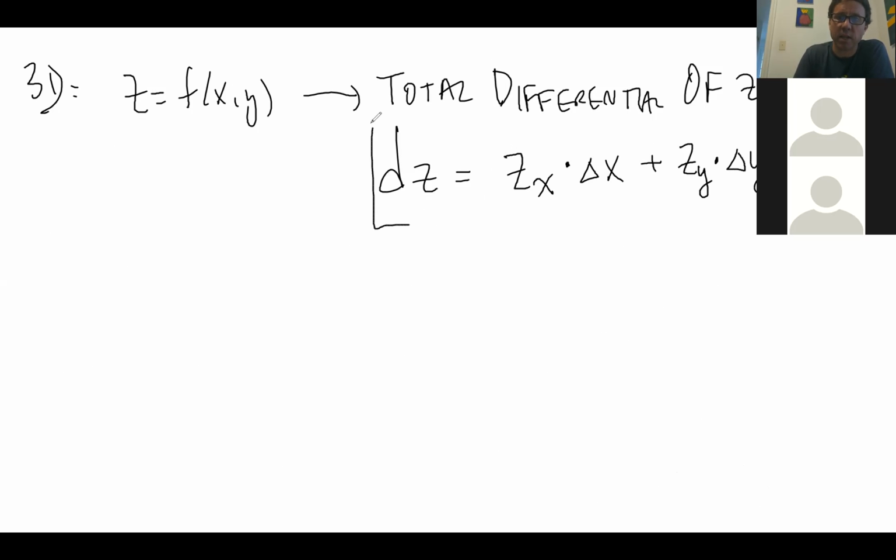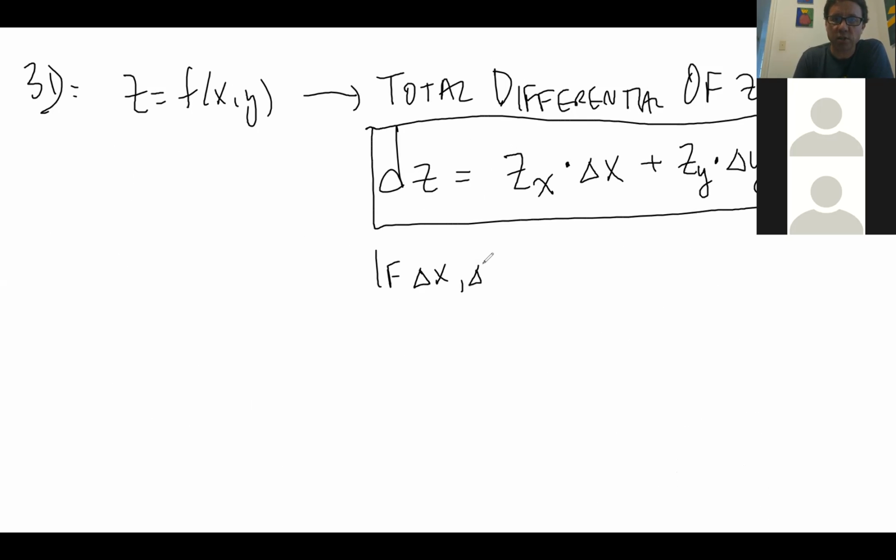And that right there is called the total differential. And if the change in x and the change in y are small, then dz will be approximately whatever the change in z is. So we're trying to do exact changes using derivatives to approximate.